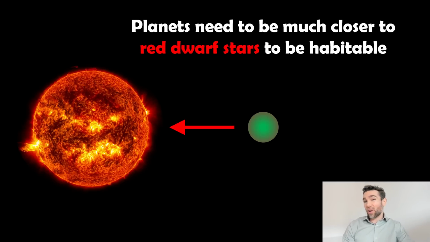Red dwarf stars are known to kick out loads of significant flares and stuff, which can actually destroy life. There's a bit more to the story than that. But being close to the star, just to give you the temperature, is not always a good idea. They might also be tidally locked as well, because they're so close. The tides from the star will slow the rotation down quite significantly, so they're tidally locked.